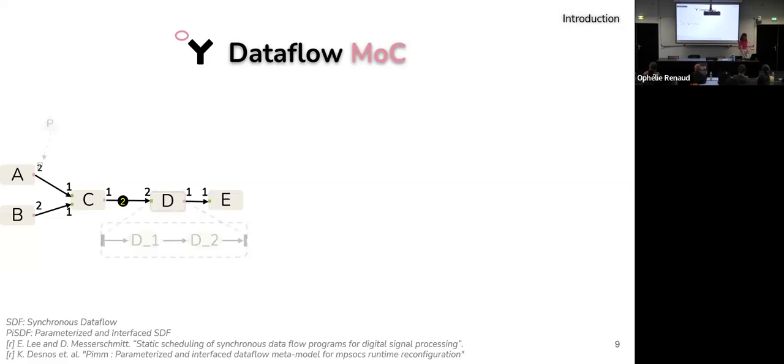And an extension of this extension is the PSDF, which integrates hierarchy. So an actor, instead of being specified by C code, is specified by a subgraph. And this model also describes rates with parameters, to describe a rate with an expression.